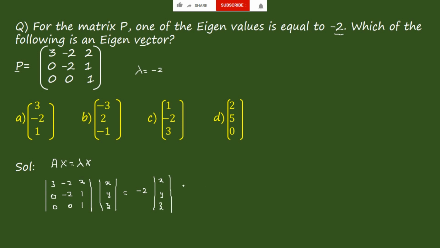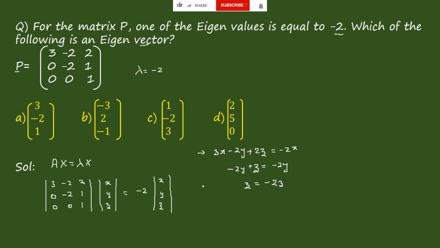Just substitute it and get the equations. Then we get 3x minus 2y plus 2z is equal to minus 2x. The other one is minus 2y plus z is equal to minus 2y. The other one is nothing but z is equal to minus 2z.